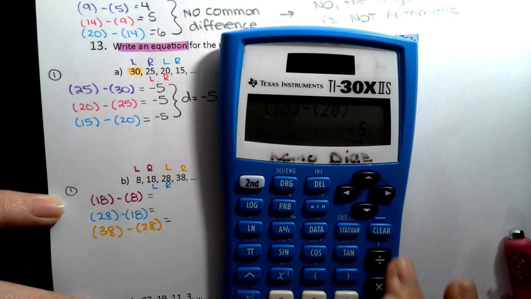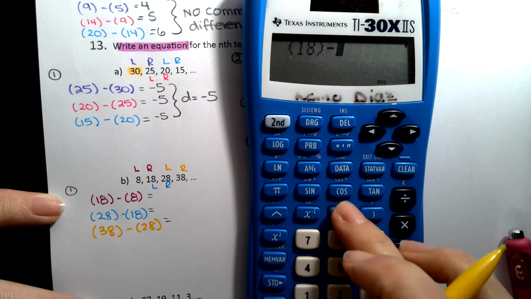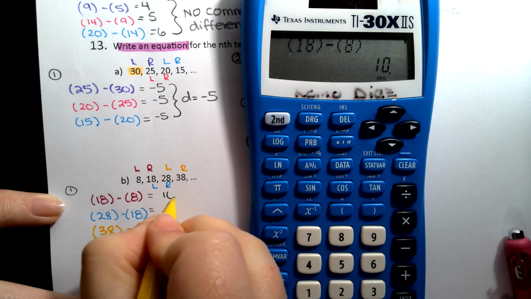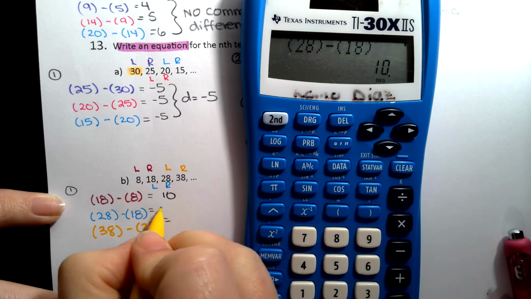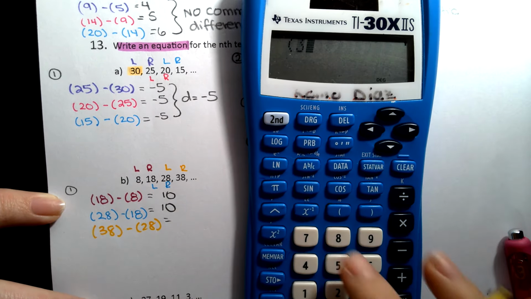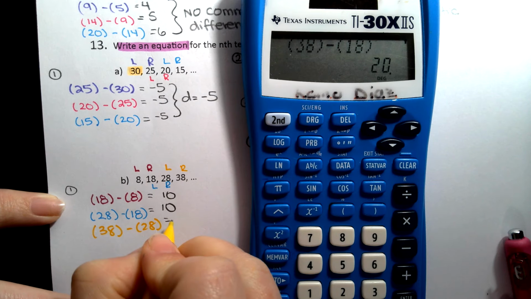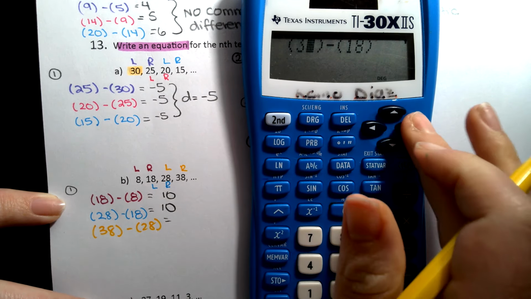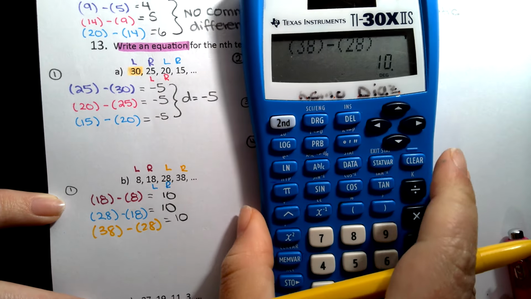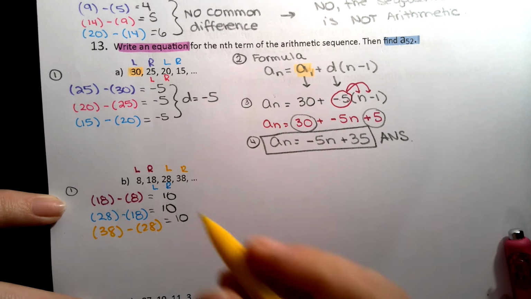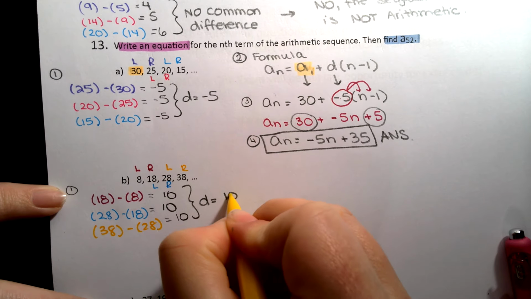All right, if you need to use a calculator for this, we got 18 minus 8, we get 10. 28 minus 18, we get 10. And 38 minus 18, we get, oh, just kidding. I got happy for a moment thinking it's not arithmetic, but it is arithmetic. How do we know it is arithmetic? We do have a common difference, which is 10.